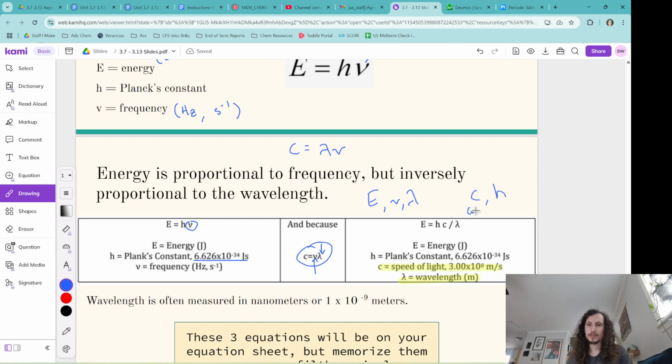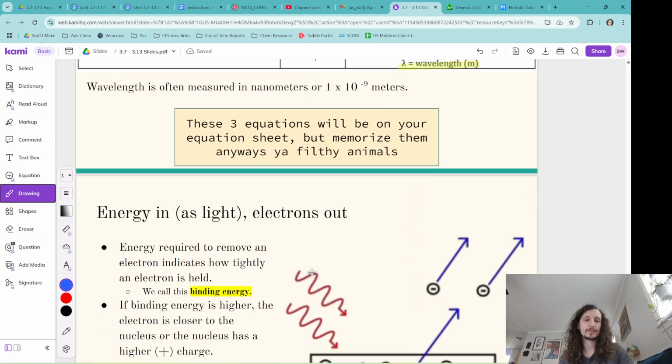So these are constants and these are variables. Knowing how they relate to each other qualitatively is worth committing to memory, but you can also work it out from the base equation: that's a direct relationship between E and nu, and an inverse relationship between nu and lambda, and so on.